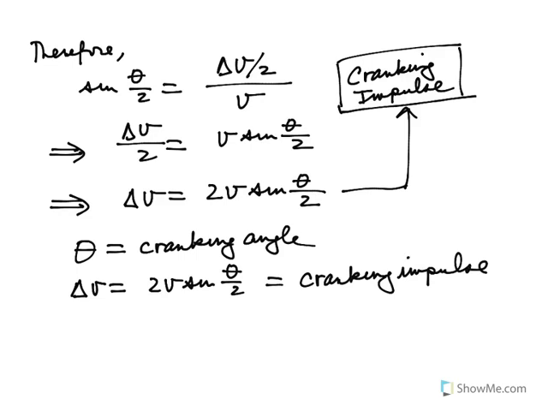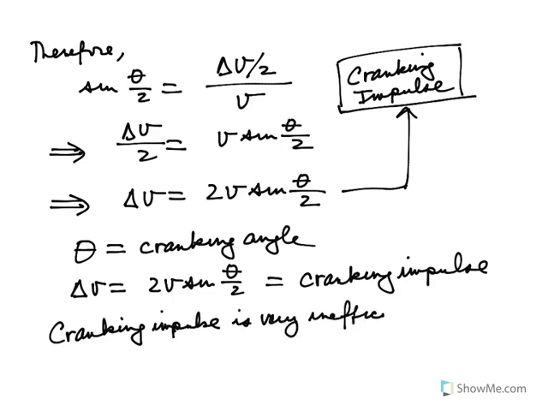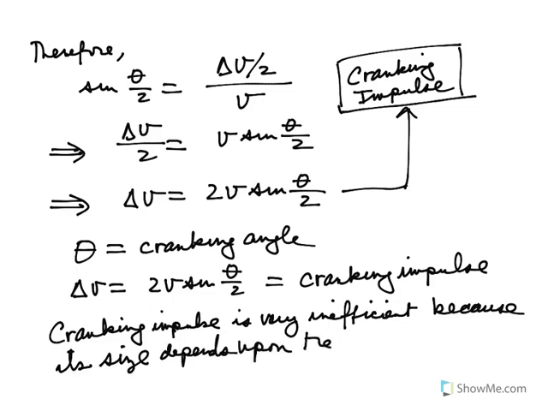Now you can see that a cranking impulse is very, very inefficient for a spacecraft in orbit. Why is it inefficient? Well, it's inefficient because its magnitude, or I should say its size, depends upon the velocity, or I should say the speed, of the spacecraft.